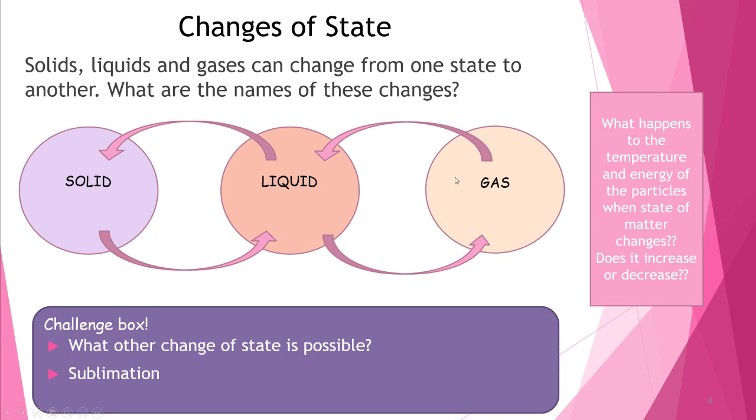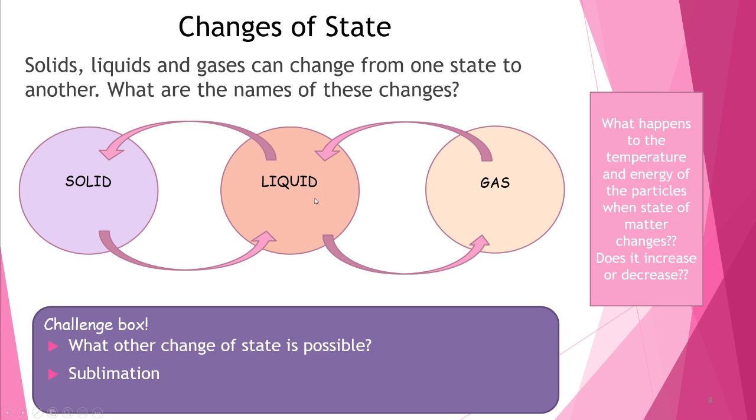Okay, so let's look now at the backward direction. What will happen when we are changing from a gas to a liquid? Gas particles have the most energy. They're very far away from each other. They constantly move because they've got so much energy. Then what will happen when they turn into a liquid?